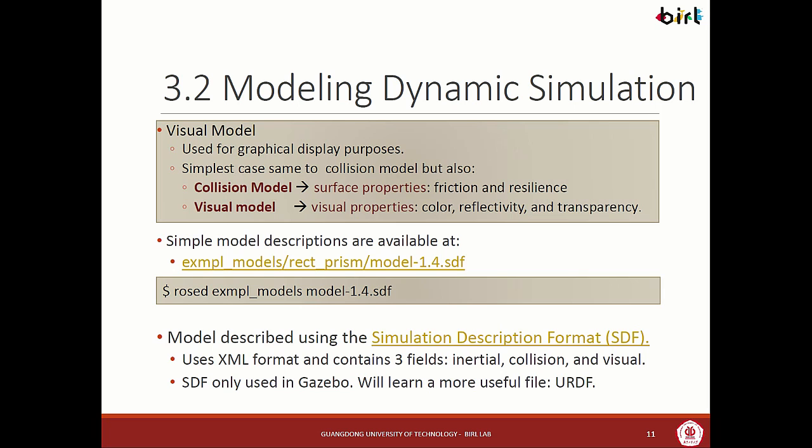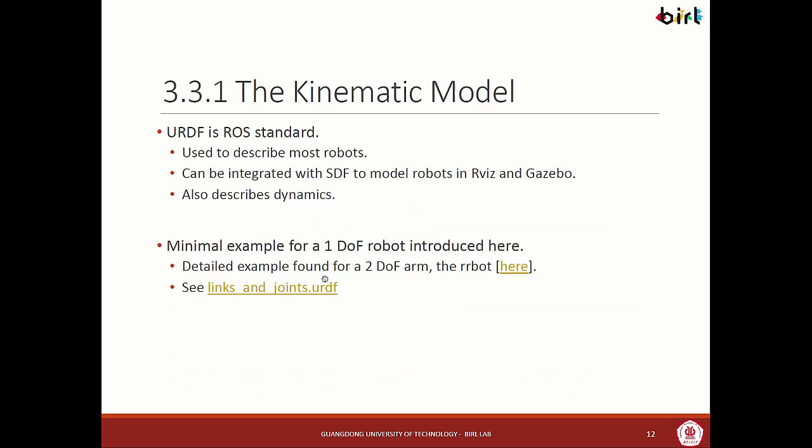It looks a little bit like HTML if you have background with HTML. So XML is going to be used for SDF and URDF. And then right now, we're starting with inertial, collision, and visual. No kinematic model as an example. Then we will add the kinematic model, and we'll look at more complicated things.